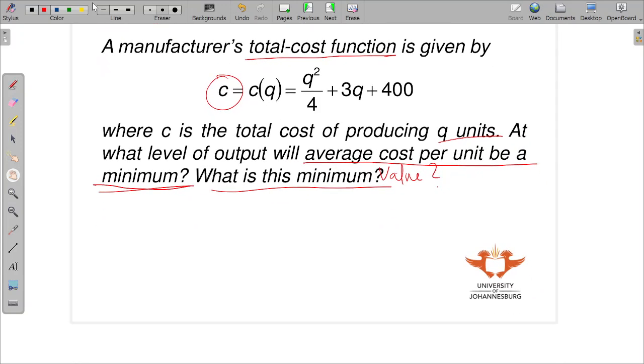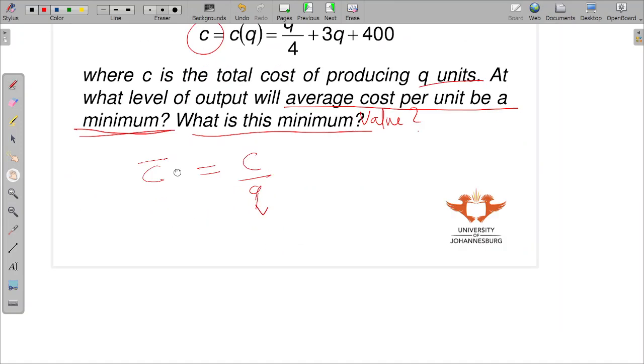Now again, they give us a cost function, but they ask us to find the minimum of the average cost. Please take note. Average cost is simply total cost over Q. You divide the total cost by Q to get the average cost.